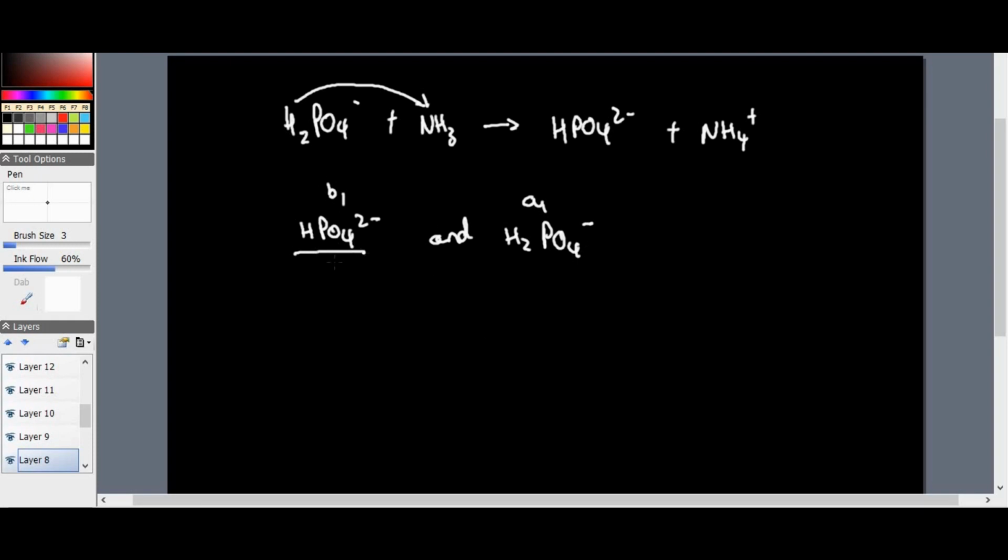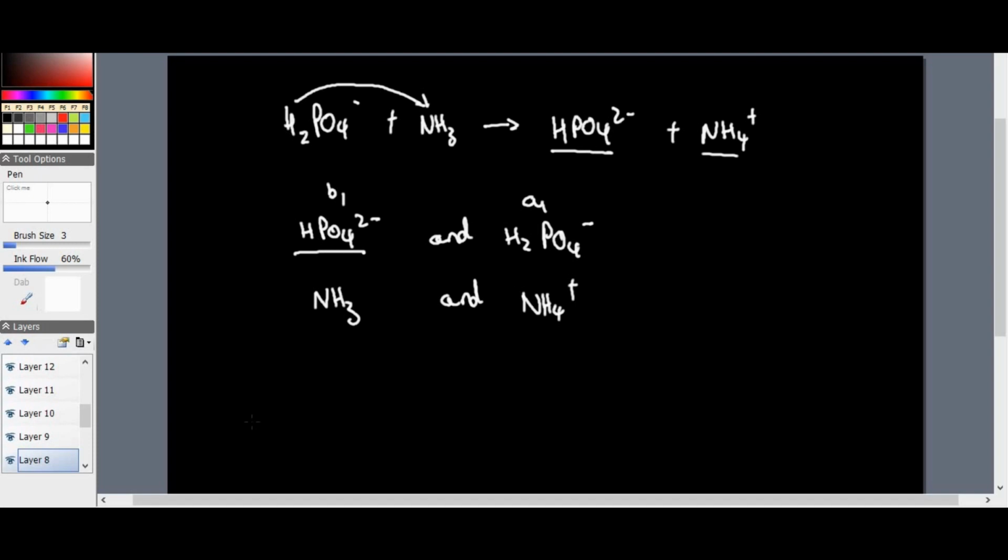So this is the conjugate base. Then we've got the conjugate acid over here as a result of the ammonia accepting a proton, so we have the conjugate acid of a base, NH4 plus. So those are the pairs.